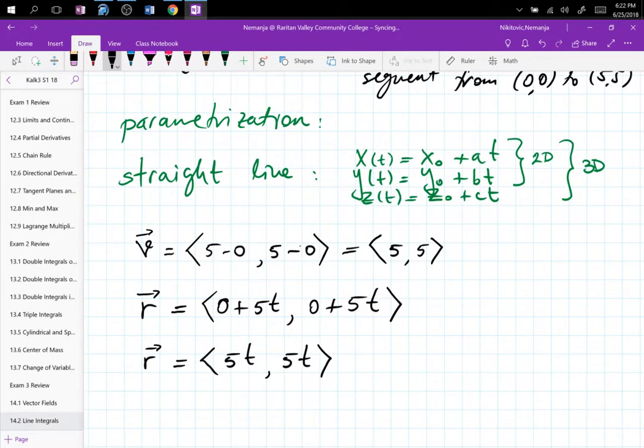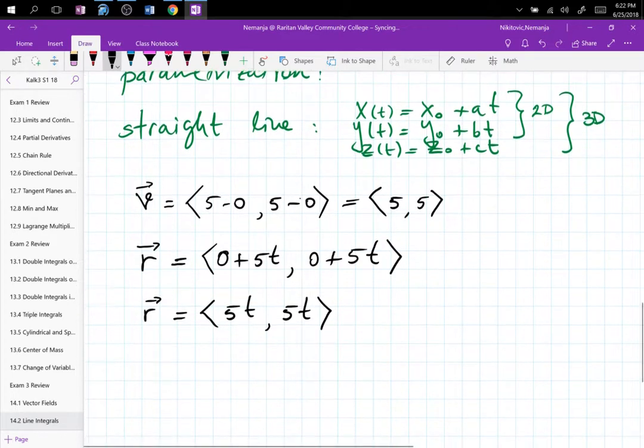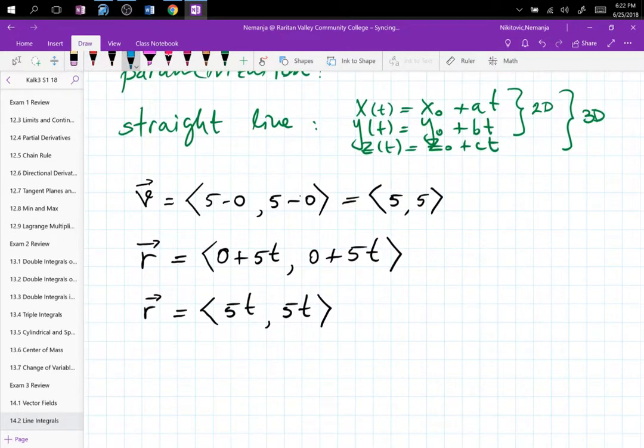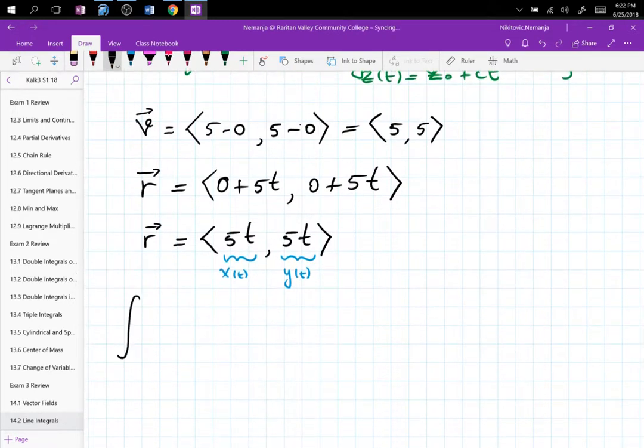Once I have this, the rest is easy, because this over here is your x of t, and this over here is your y of t. So now all you need to do is to sub everything in. The integral you are supposed to solve is x squared plus y squared ds.